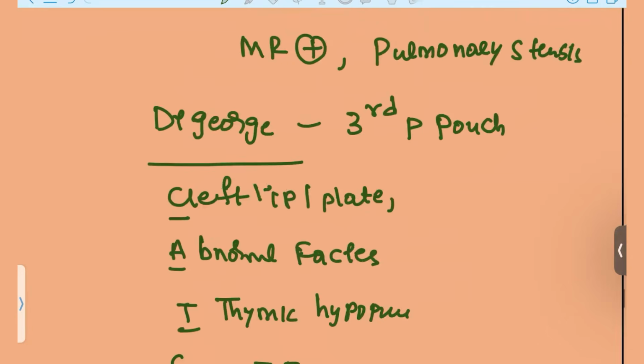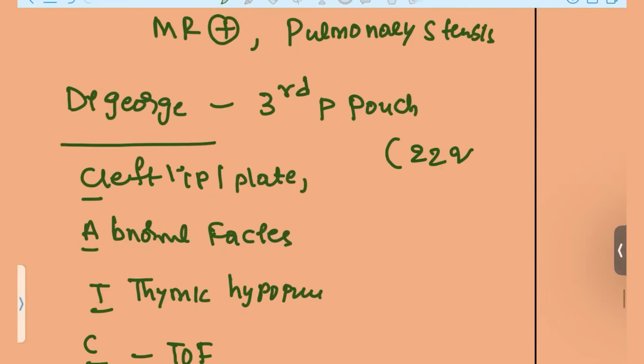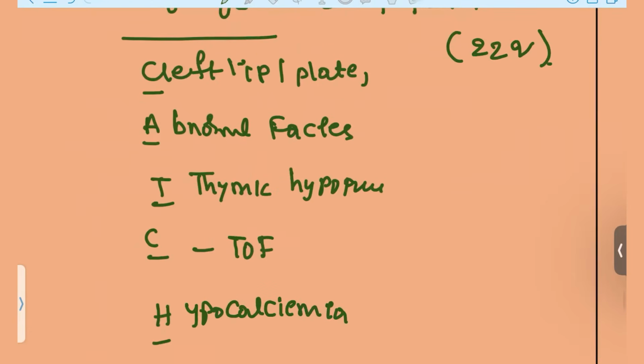And what is the deletion here? 22q deletion is seen here, right? So the mnemonic is CATCH for DiGeorge syndrome.